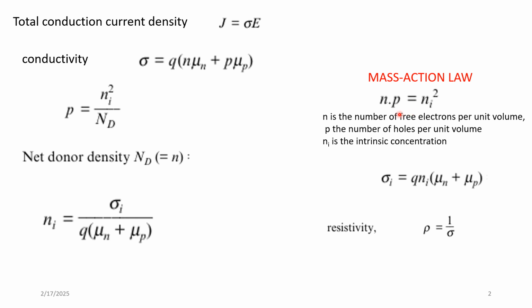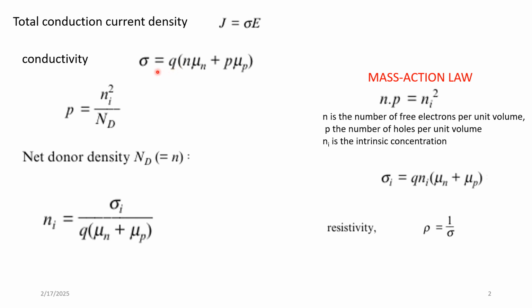So based on this, np is equal to ni squared, where already I have mentioned the law: under thermal equilibrium, the product is constant. So n is the number of free electrons, p is the number of holes, and ni is the intrinsic concentration. Okay. So based on this, we are going to find out J as current density.